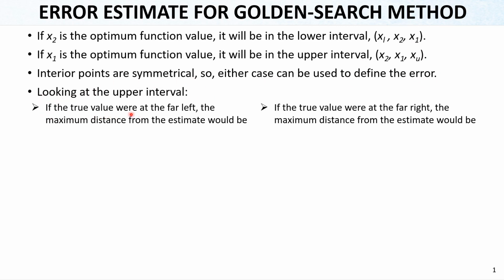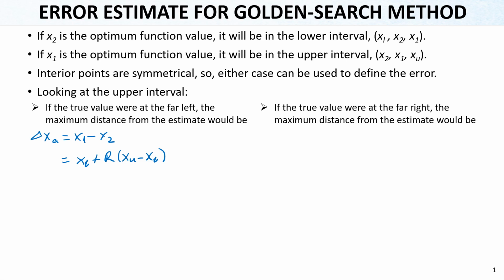If the true value were at the far left, the maximum distance from the estimate would be calculated as delta xa equals x1 minus x2. And here we know that x1 is simply calculated as xl plus r, the golden ratio, times xu minus xl.